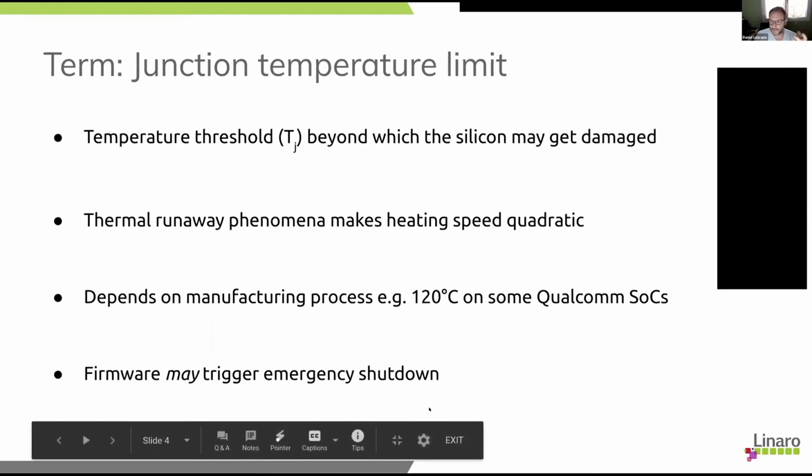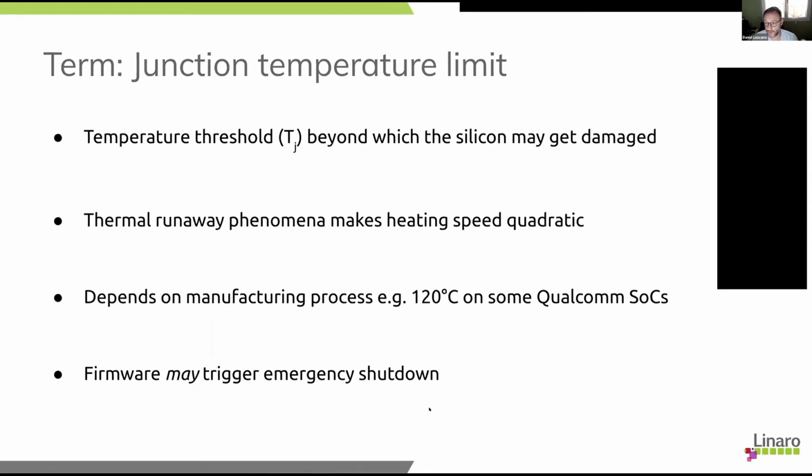In the terminology, we have one term: the junction temperature. We have to understand that the junction temperature is there to protect the silicon. So we define a temperature, and we have different layers of protection for the thermal: the kernel side, then the firmware side, then the hardware side.